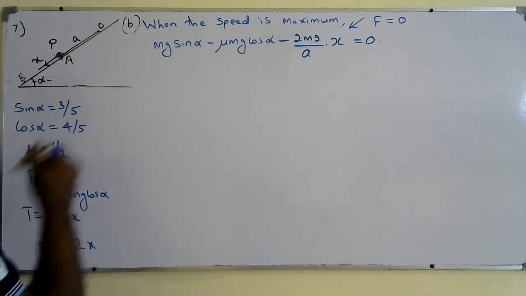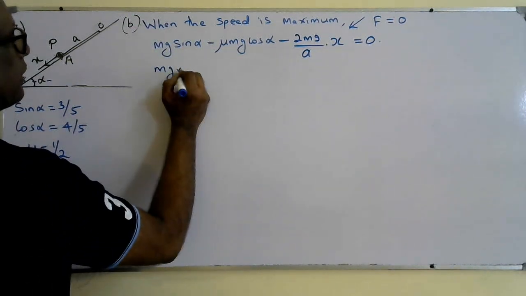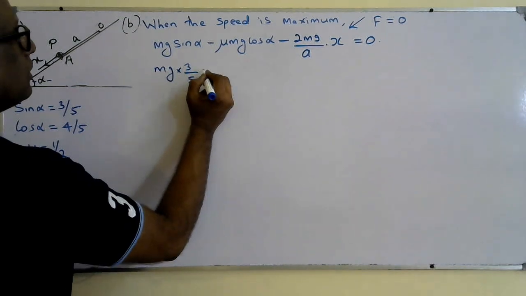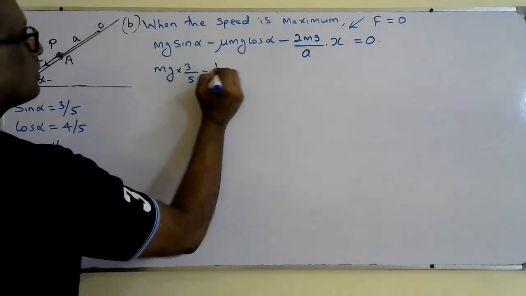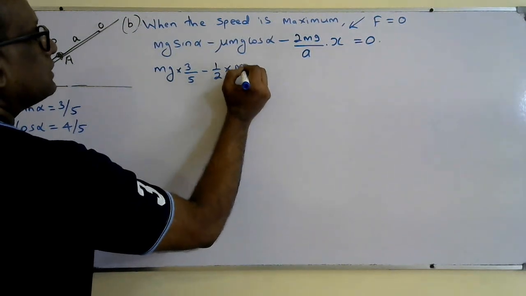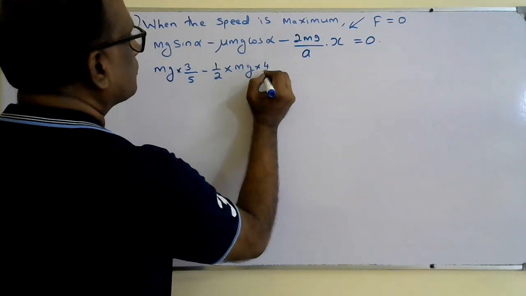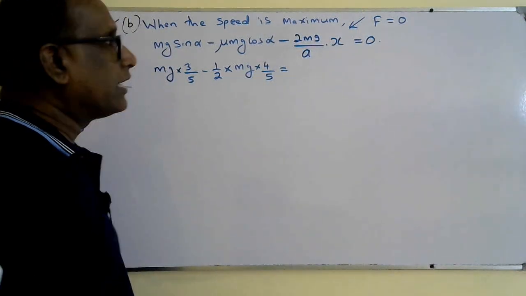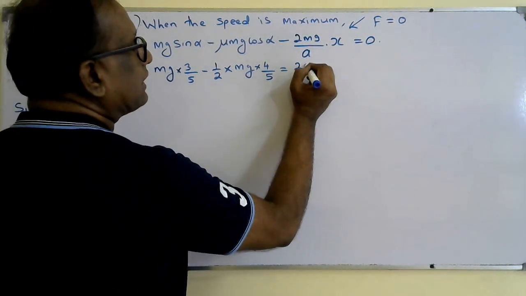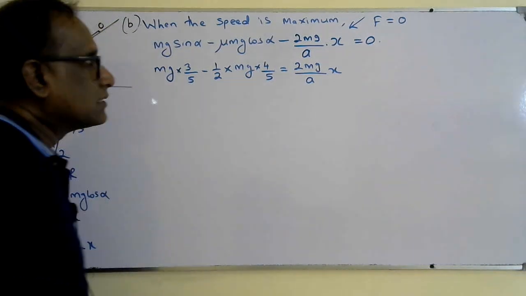We'll substitute: mg times sin alpha, which is 3 by 5, minus mu, which is given as half, times mg cos alpha, 4 by 5, equals, taking it to the right, 2mg over a into x.